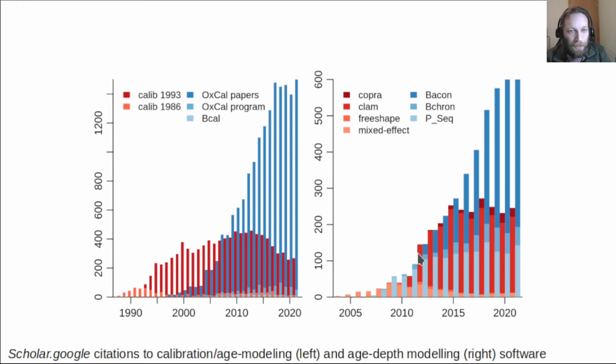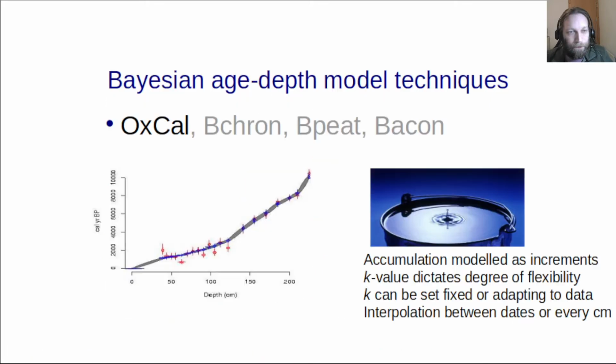So now the community has really embraced the Bayesian age models, and they're far more popular now than the classical ones. So that's good.